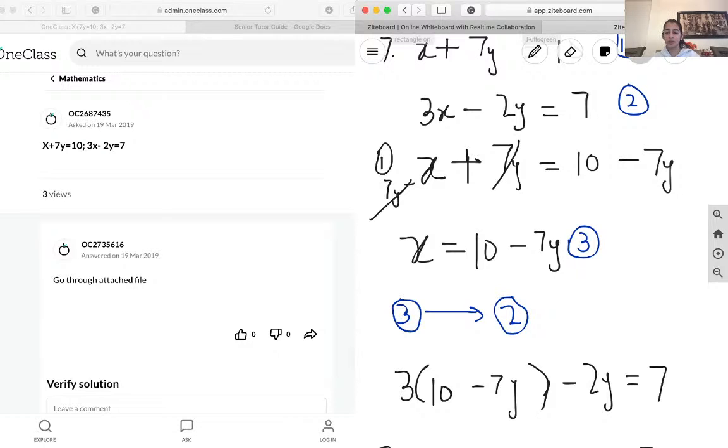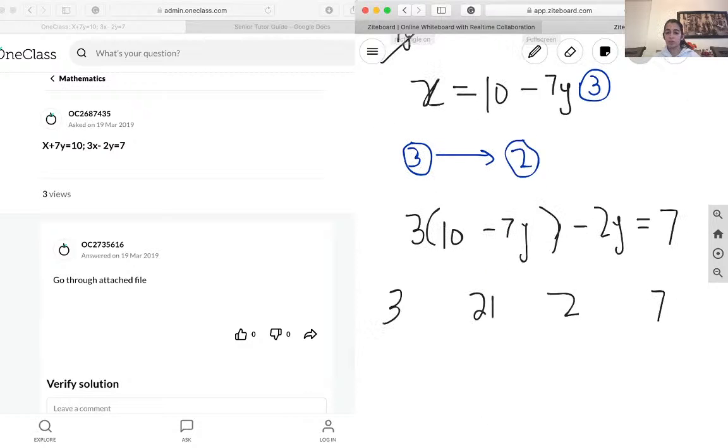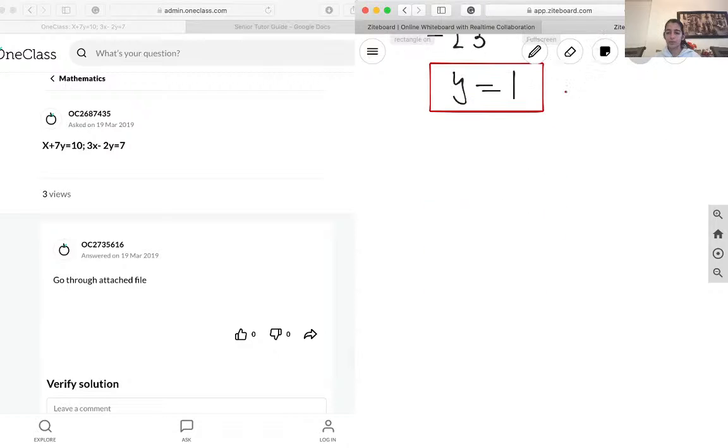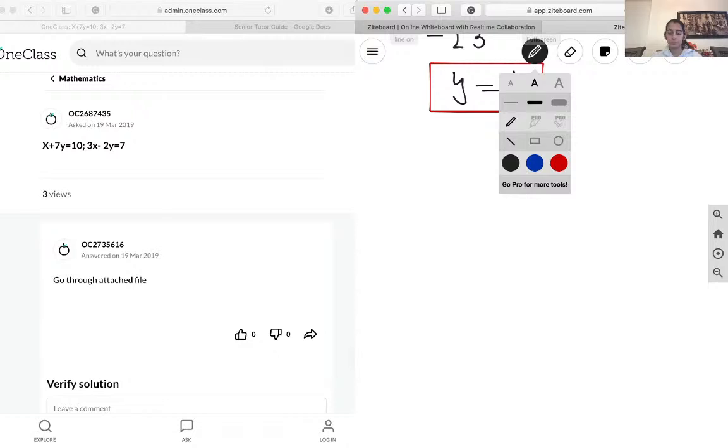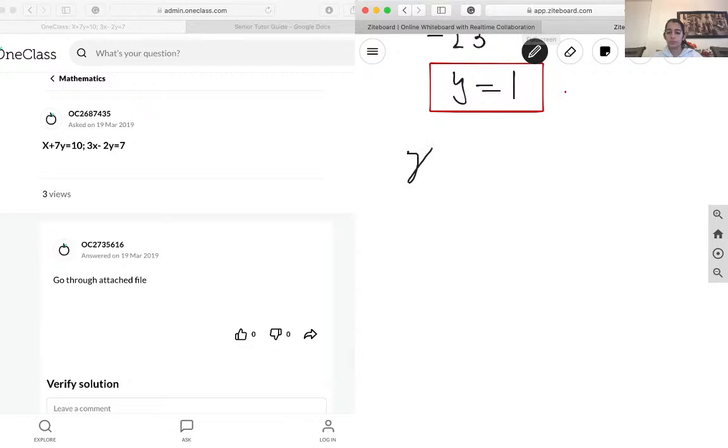I think the easiest one would be our third equation, which is x is equal to 10 minus 7y.